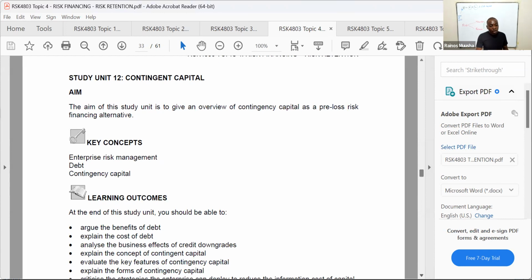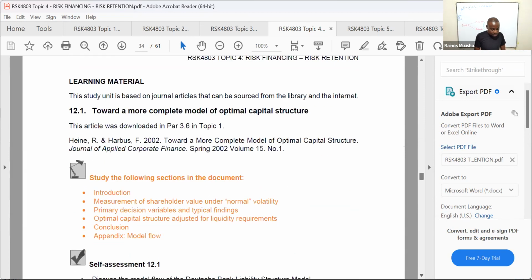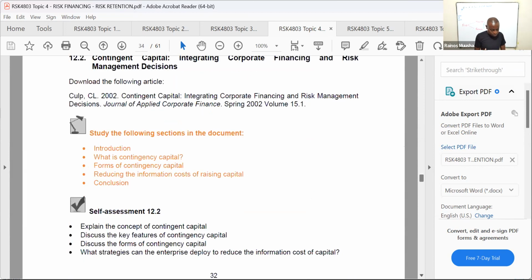But in a way, you are retaining the risk, because if this money is not coming from an insurer, it is coming from an arrangement where you are borrowing that money, or you are issuing more shares so that you are able to raise capital and cover for this particular loss. So that's what is covered under contingent capital.